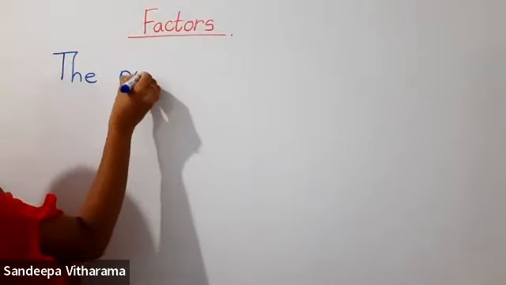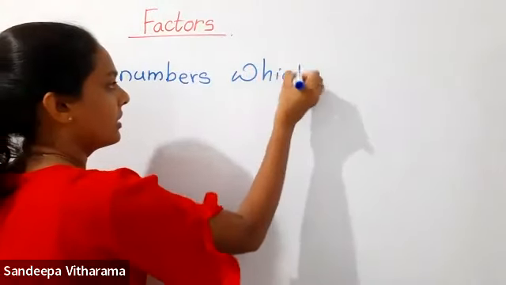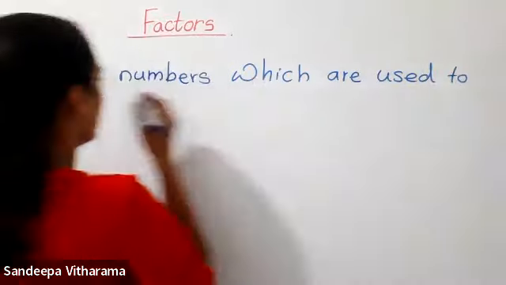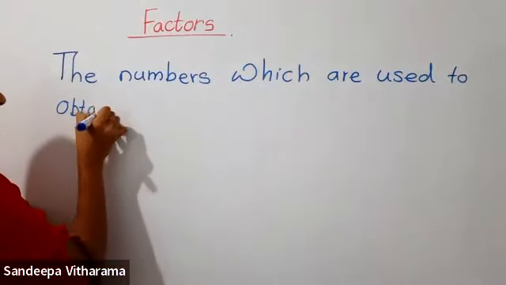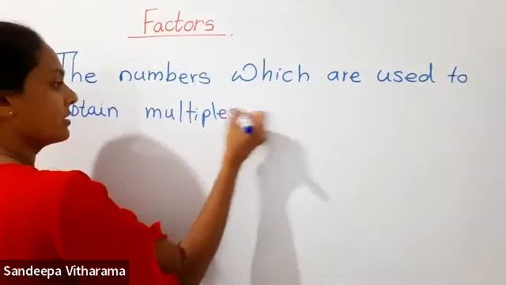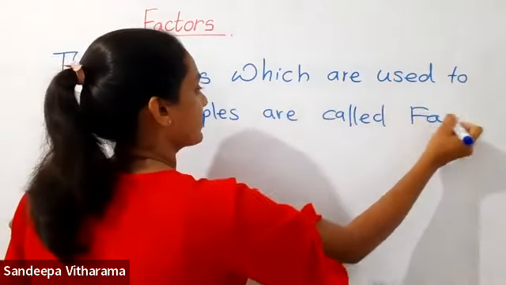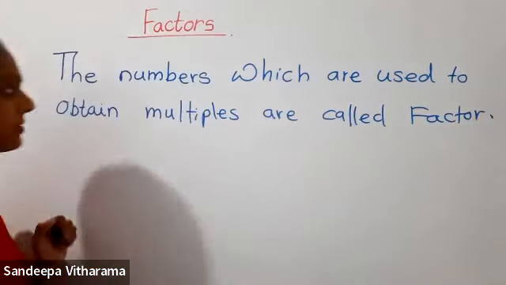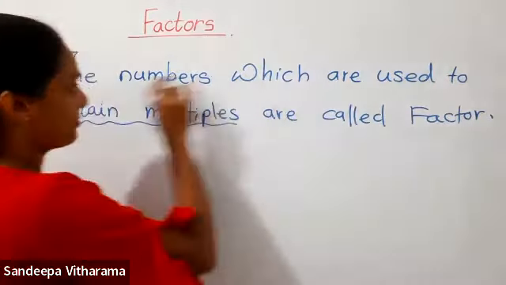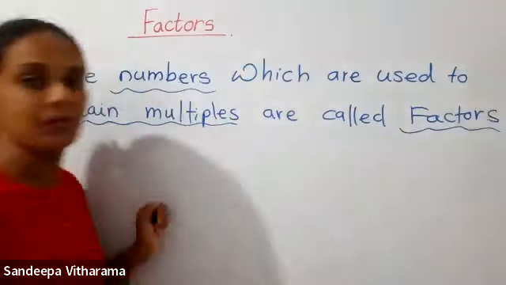The numbers which are used to obtain multiples are called factors. Multiples ලබා ගන්න අපිට උදව් වෙන numbers වලට අපි කියනවා මොනවා කියලාද? Factors are called factors. Okay.